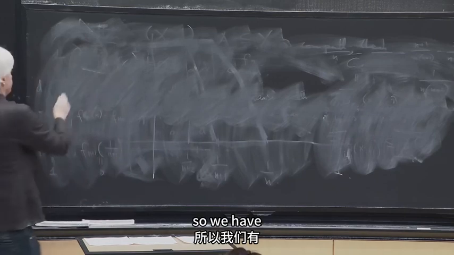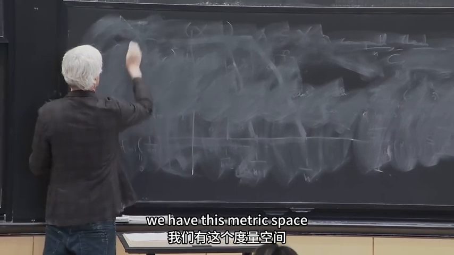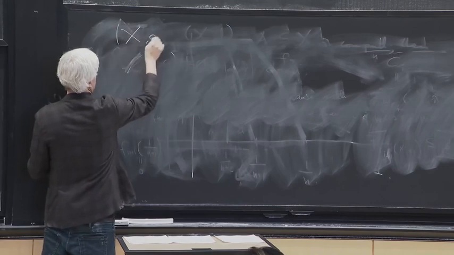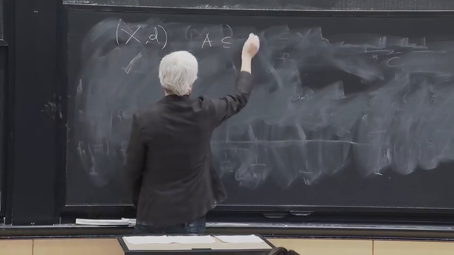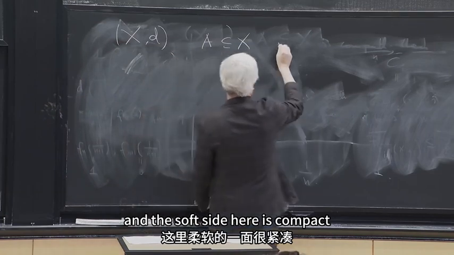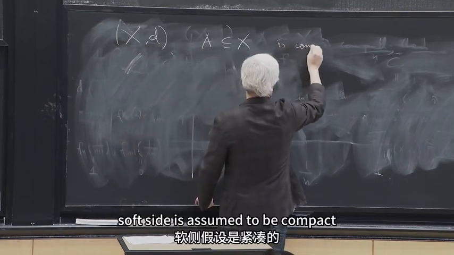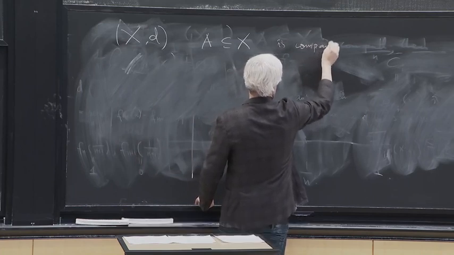So we have this metric space, and we have a subset. And the subset here is compact. The subset is assumed to be compact.